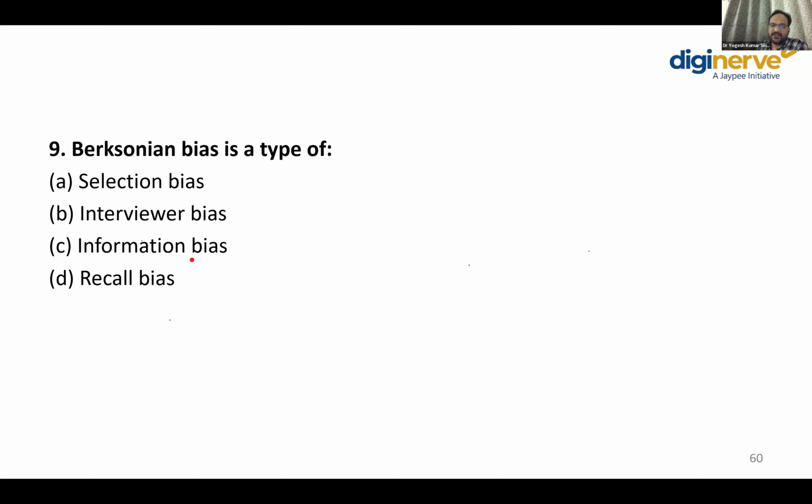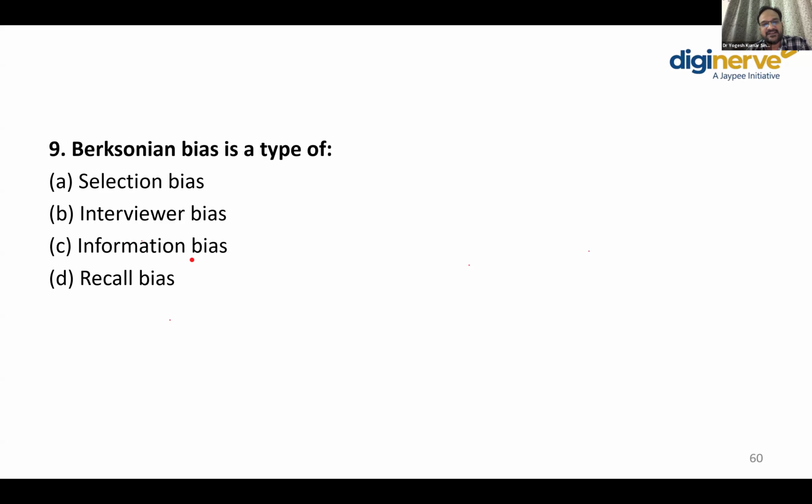Okay, so Berksonian bias is a hospital bias. It is based on the different admission rates on different days in a hospital. It is difficult to select the cases because the cases on different days are different. We want cases of hypertension, but today there was not even a single case of hypertension in OPD. So how will we select? There is a problem of selection with Berksonian bias.